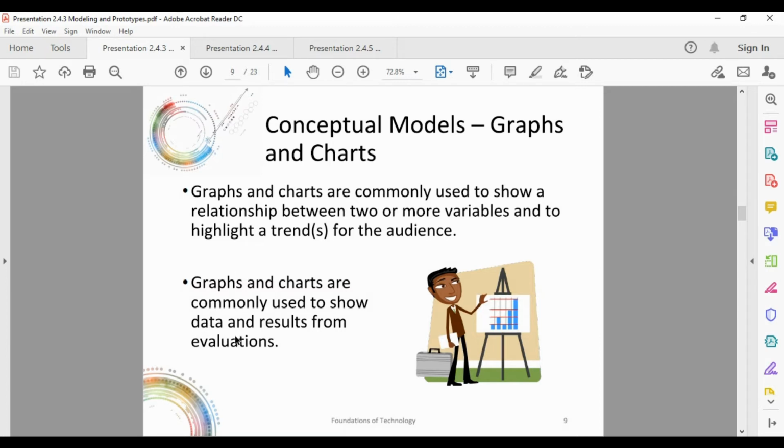So you may not use a graph or chart in a conceptual mathematical model. Graphs and charts are good for things like surveys or actual experimental data and things like that, because they help show what has already happened.